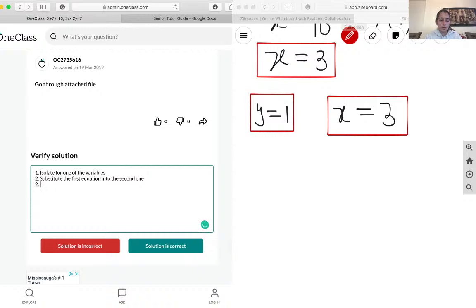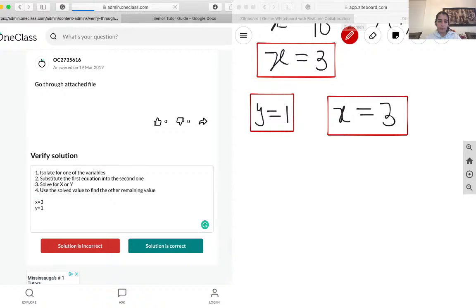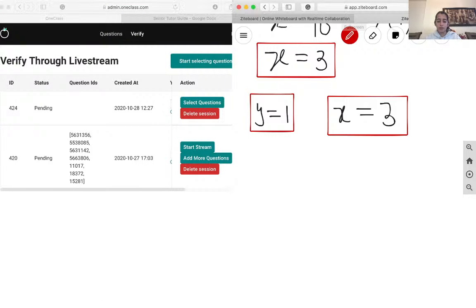And in this case our x is equal to 3 and y is equal to 1. That's correct.